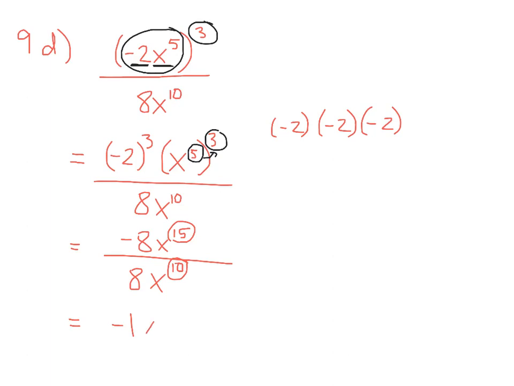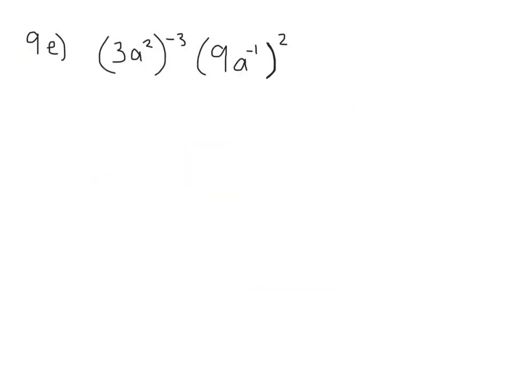The rule is for division, keep the base the same, x, and 15 minus 10 is 5. So this is the final answer. I don't need to write the 1 there, this is just equal to negative x to the power of 5. It's okay for the negative to be out in front here. What you can't have is the exponent being negative. And the exponent isn't negative, so this is the final answer.